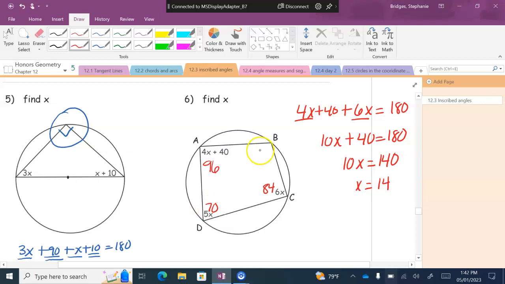So what would B be? 110. Yep. Okay. So all we're doing is using each one of these corollaries that we've discussed.